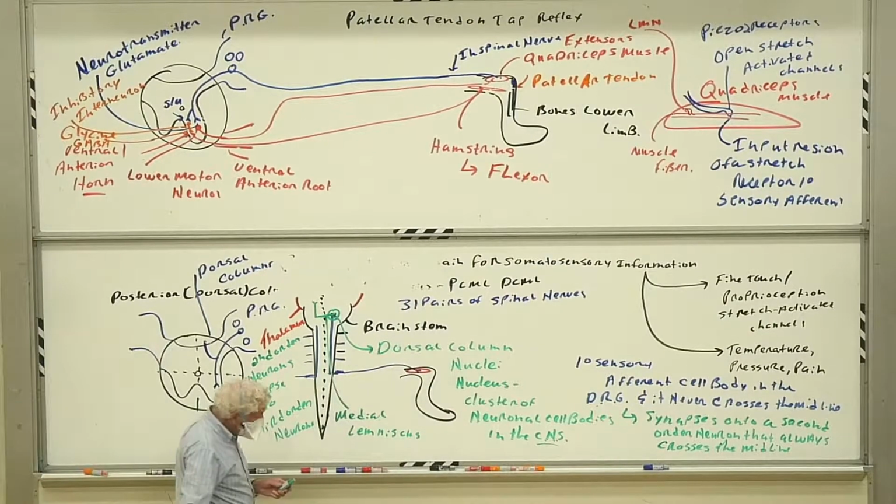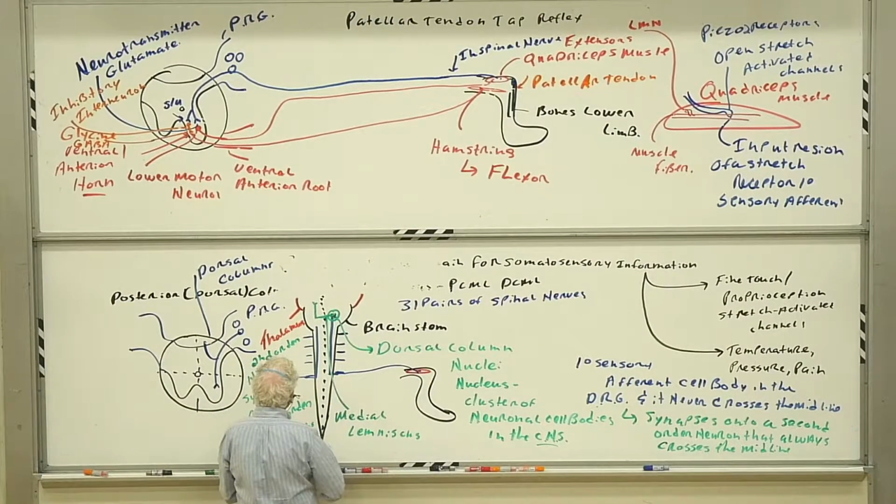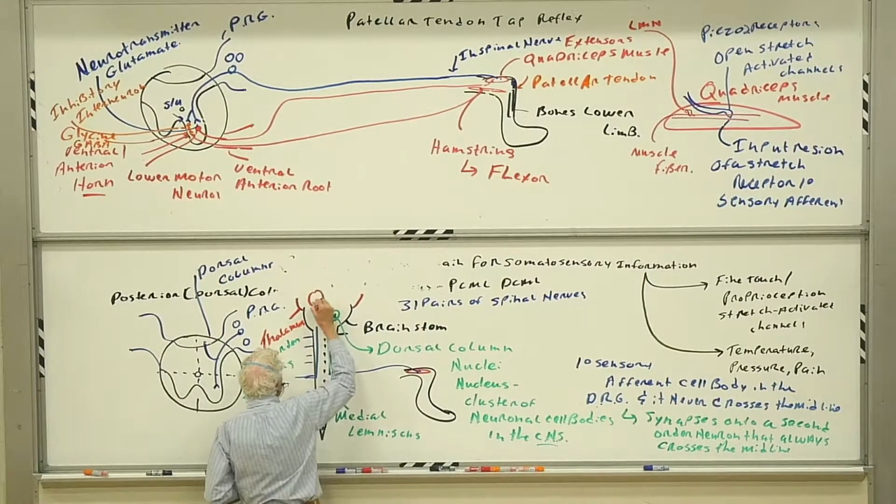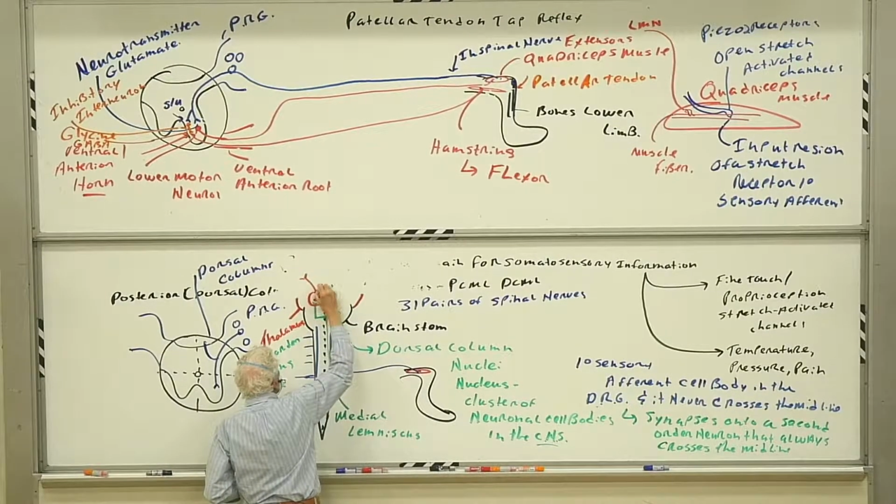So in the thalamus, the second order neurons synapse onto the input regions or cell bodies of third order neurons. This is a third order.